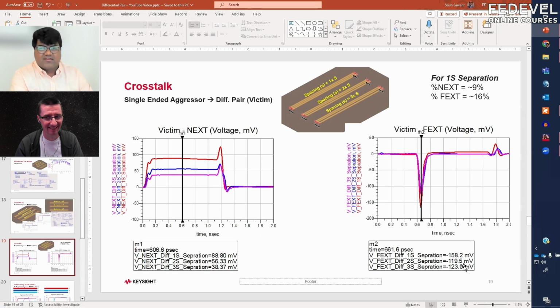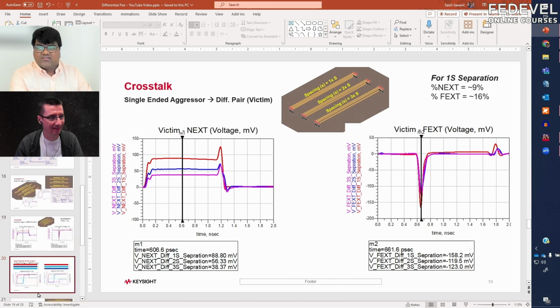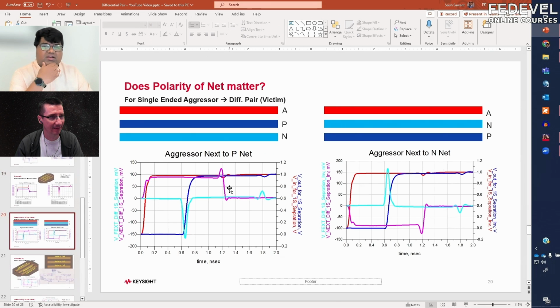Yeah. And so to extend on this, I have another case, and this is something that I have never thought of; it came up out of a discussion with a friend. We were curious, we just saw the signature of a single-ended aggressor net on a differential pair.